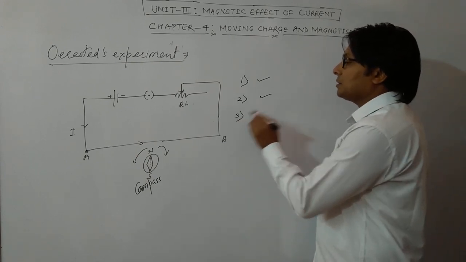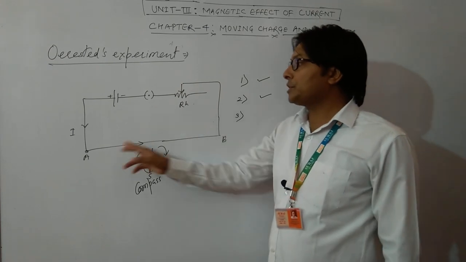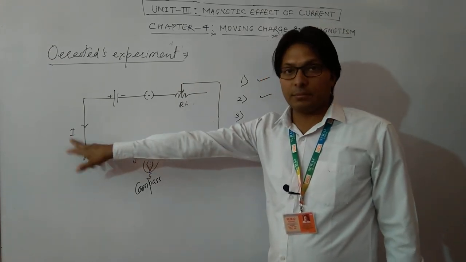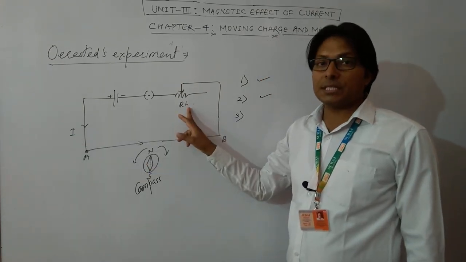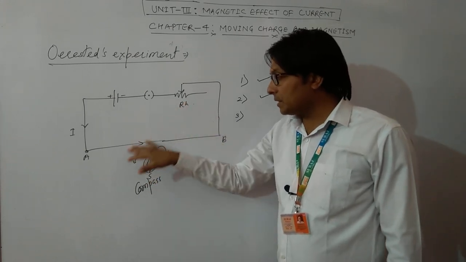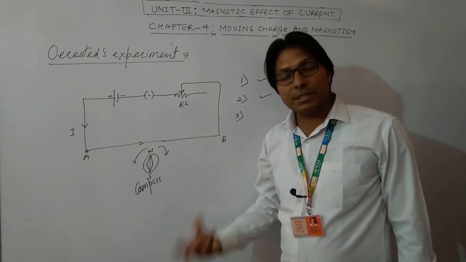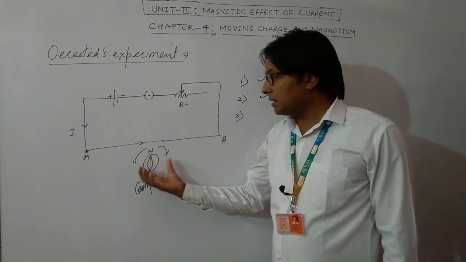Now comes the third point. The third important conclusion was that if we change the magnitude of the current by changing the resistance with the help of the rheostat, the deflection angle also changes.